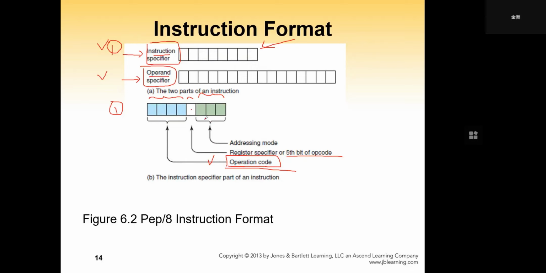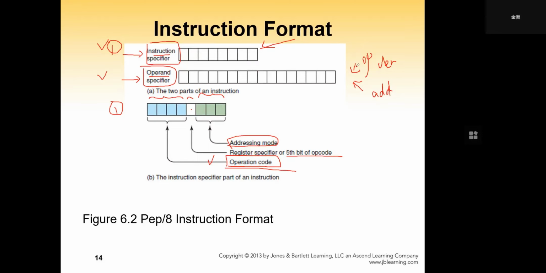And these 3 bits are quite important. We call them the addressing mode. As I have said, the operand specifier can store the operand directly, or it can store the address of the operand. But no matter which situation, here are just 16-bit binary strings.